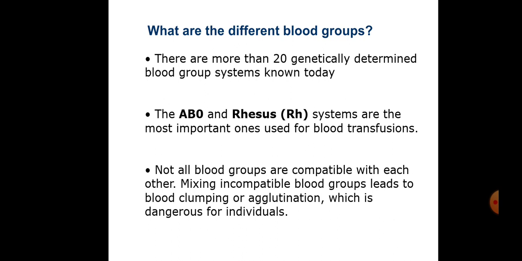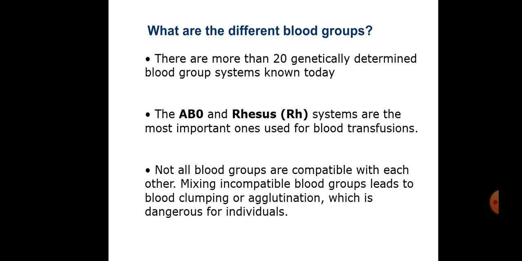One, it determines the immunological reactions during blood transfusion, and it is also important because it is used to solve legal disputes. In Form 2, you studied how bloods must always match during blood transfusion, and this is because different bloods will have different antigens and different antibodies.